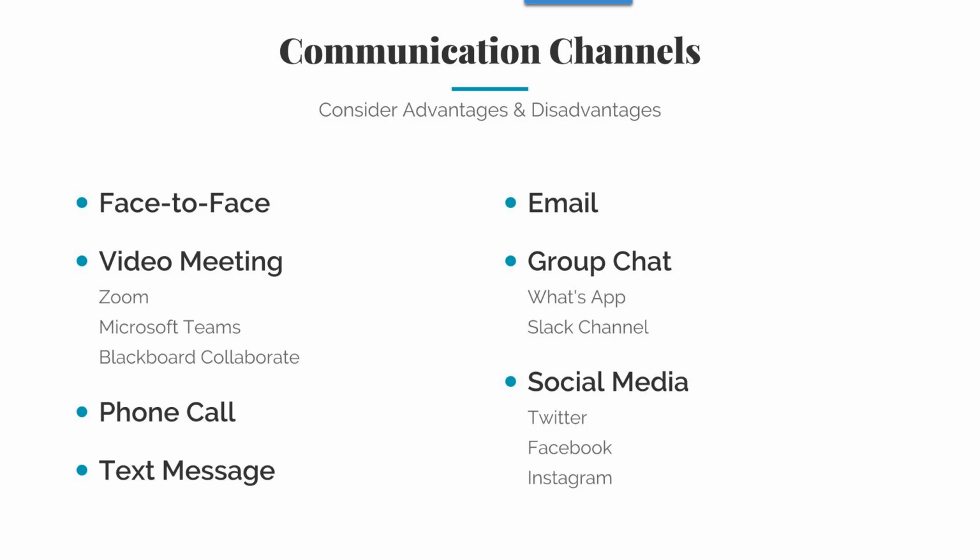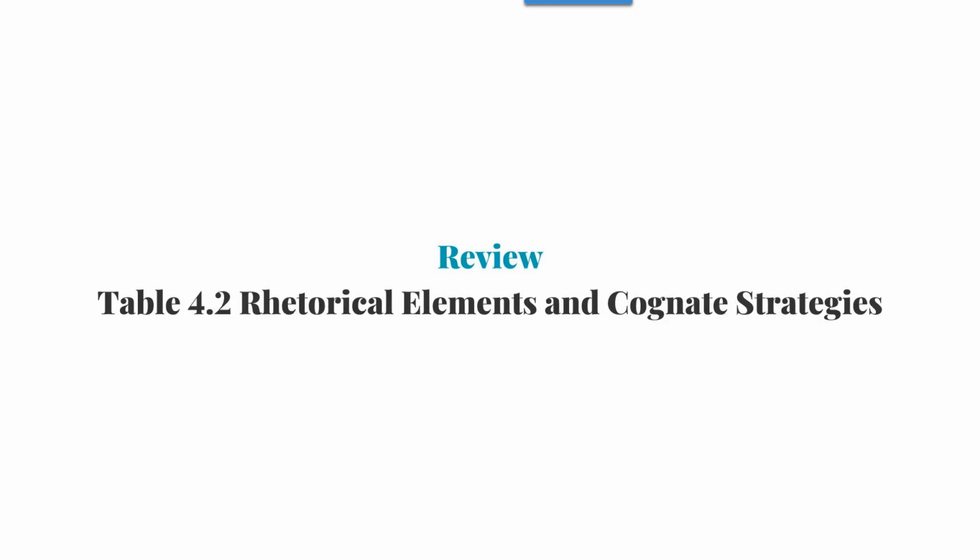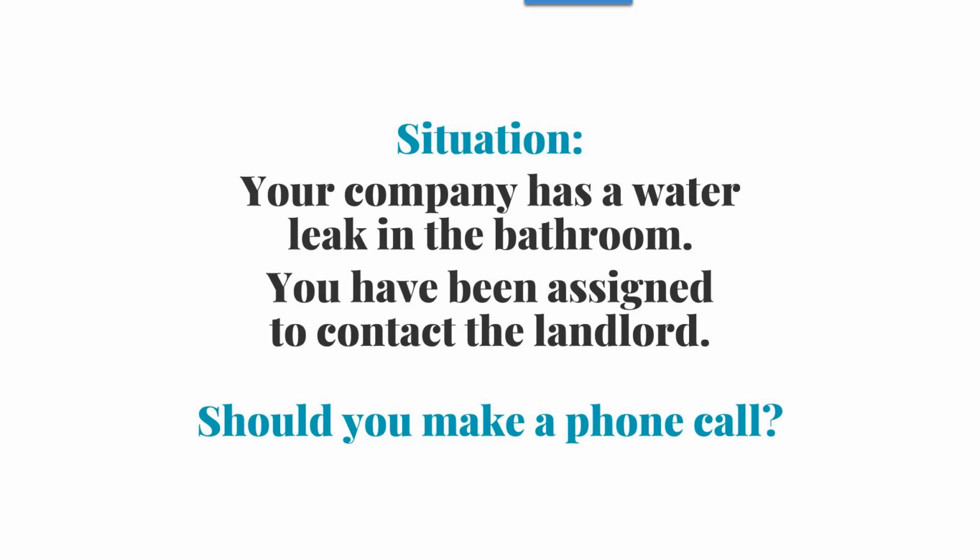But social media itself is slowly trying to become part of work communication channels. And you want to think about the advantages and disadvantages for that. Okay. Review table 4.1 and 4.2. Those are very important, and once you've reviewed them and thought about that, come to this next situation.